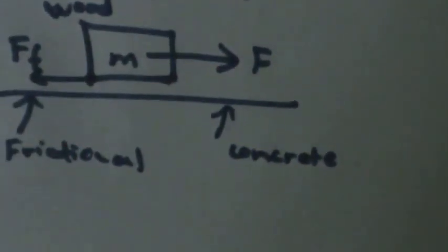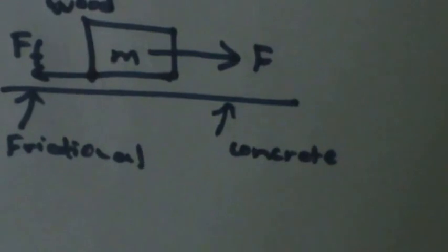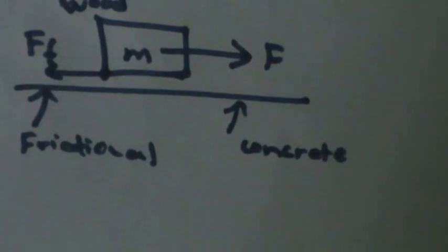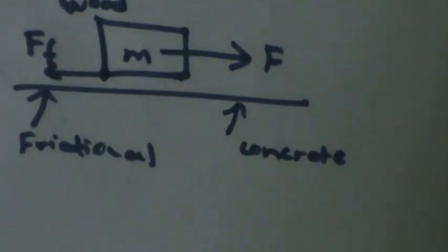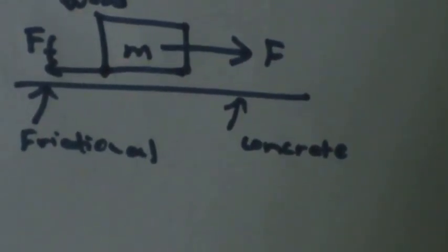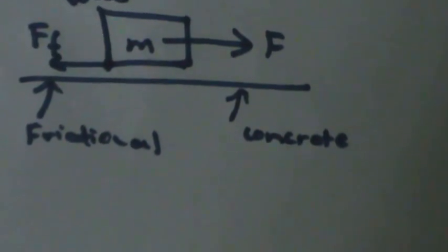There's some instance at which this force F applied by me will win the battle. Actually there's a battle between F and Ff. At some instance F will win this battle with Ff. Till that moment F will increase as well as Ff will increase.